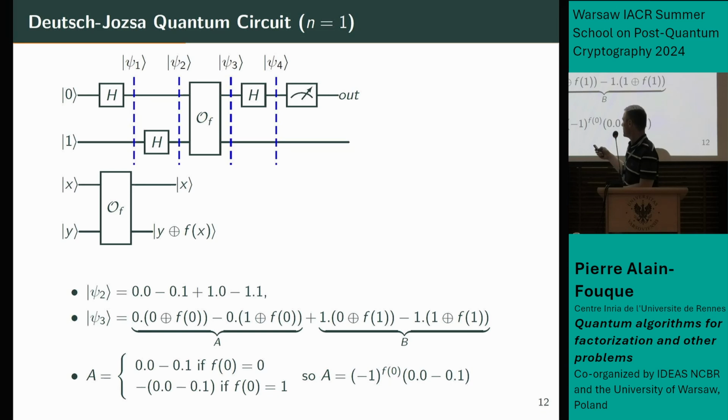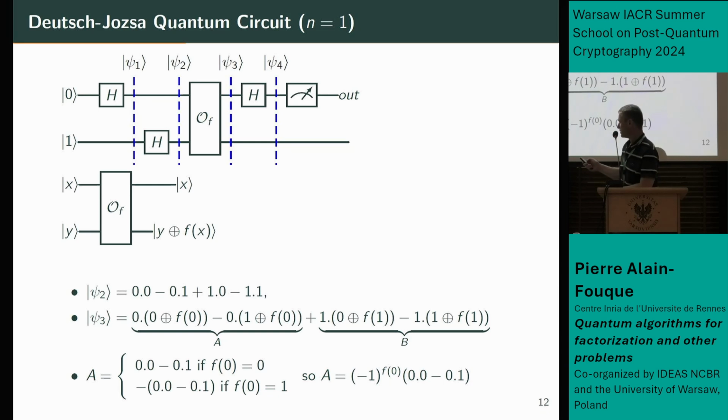And this is the same for this value, so you have a 1 for x. If you have 1 for x, the y value is 0, so you have the y value, which is 0, plus f of x, which is f of 1. Okay, so this is the same also for the last term.